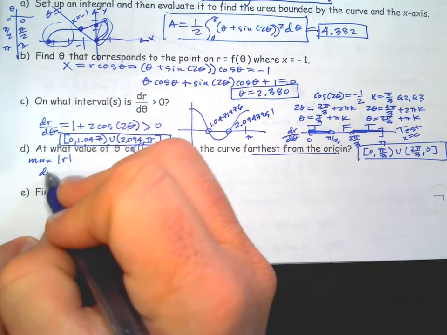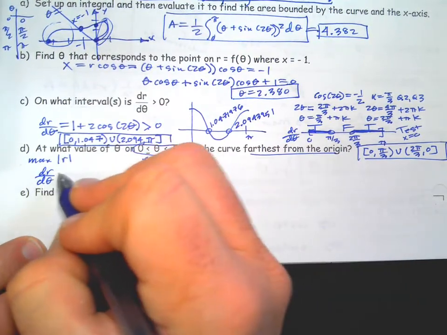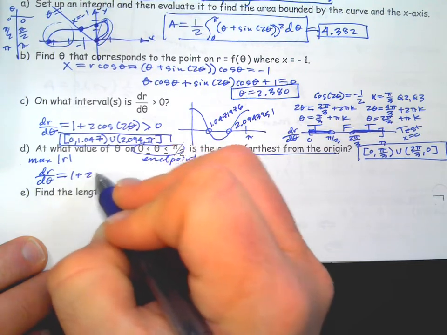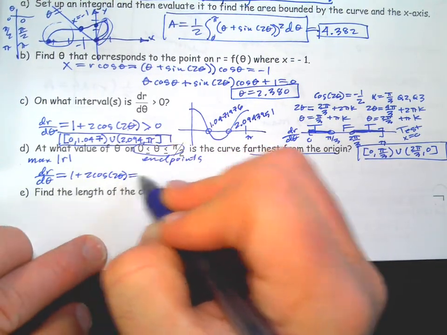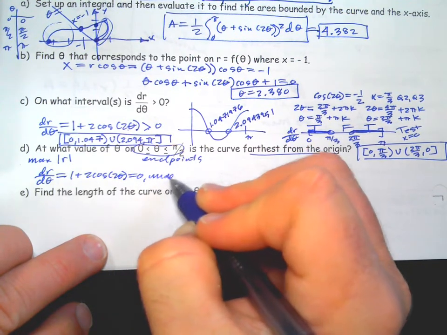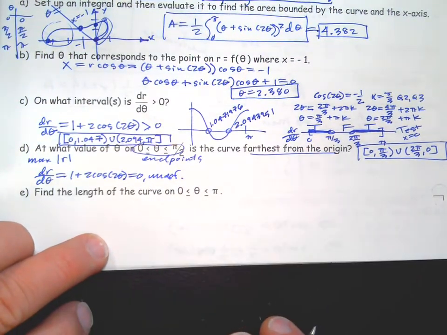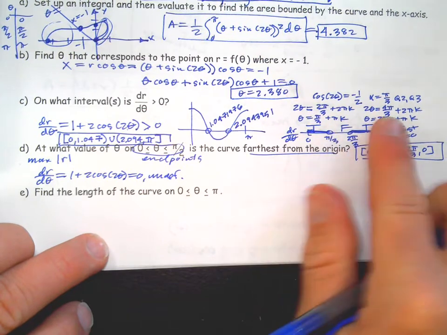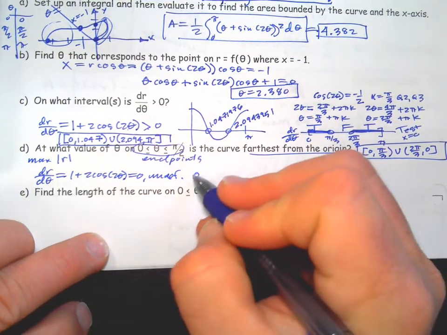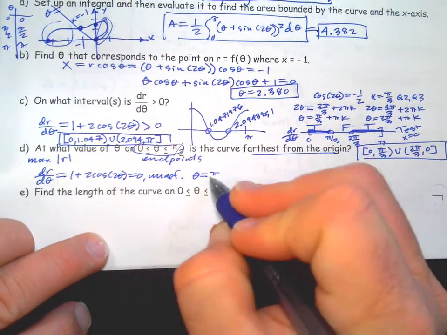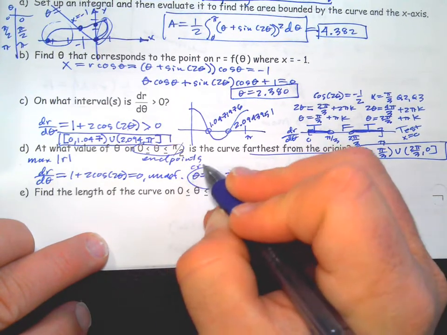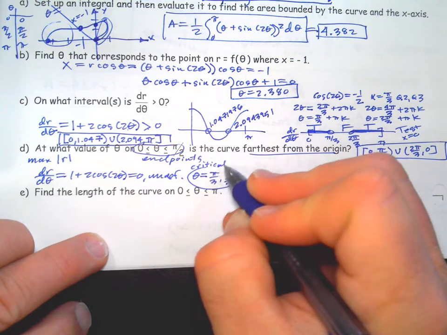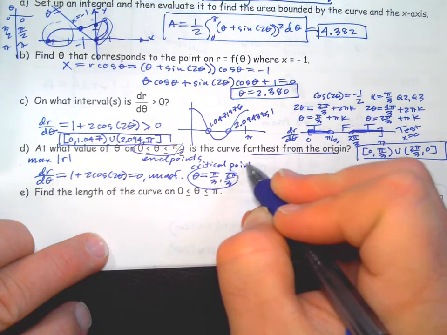So that'd be where dr/d theta, which equals 1 plus 2 cosine 2 theta, equals 0 or is undefined. Now we just found those points on the last problem, right? That's what all that work was for. So we can say, all right, well, theta equals pi over 3 and 2 pi over 3. Those are your critical points on the interval between the endpoints.